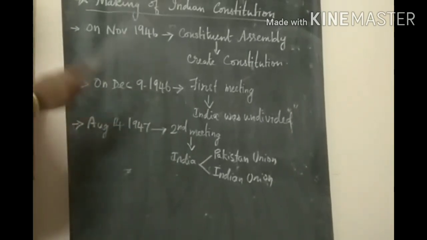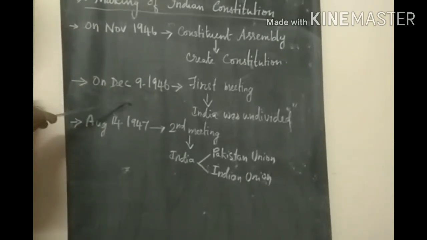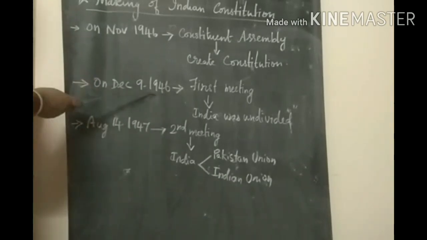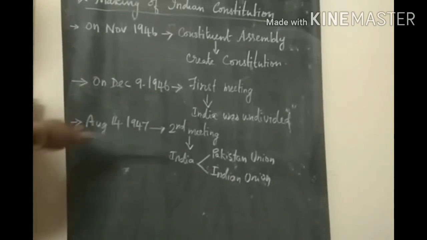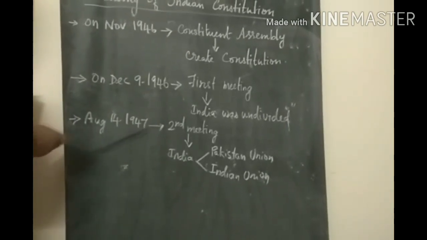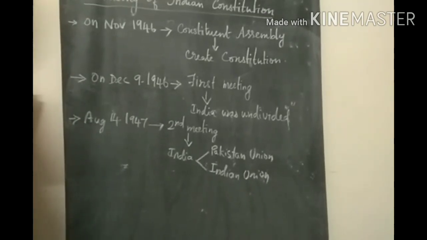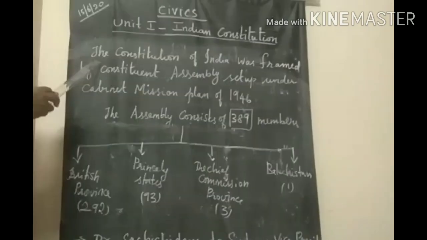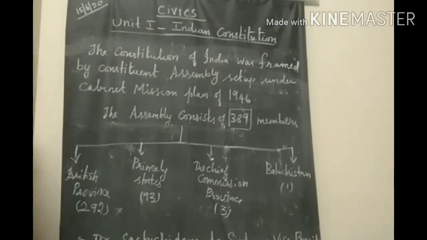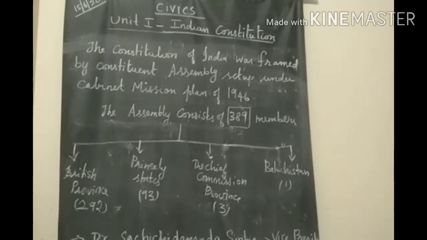So two meetings were held, before and after India was divided. The Constitution of India was framed by the Constituent Assembly set up under the Cabinet Mission Plan of 1946.